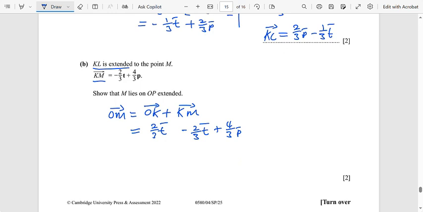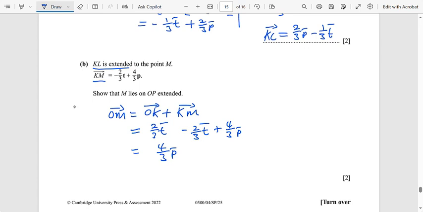So what we're going to do here is group like terms. It's just 2/3 t minus 2/3 t, which cancels, leaving 4/3 p. Right? So we have just found OM.